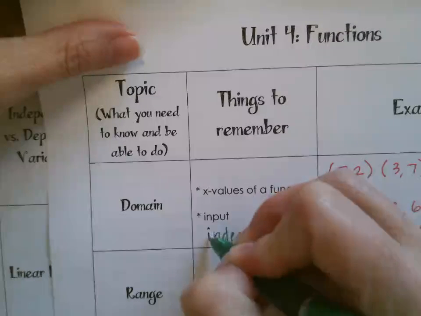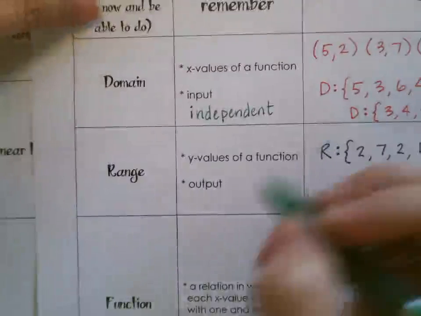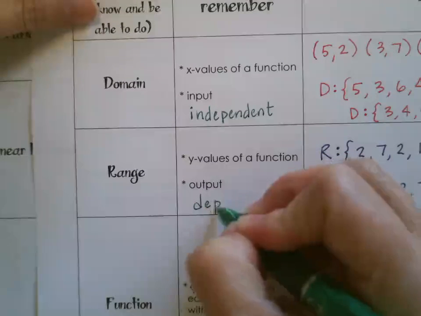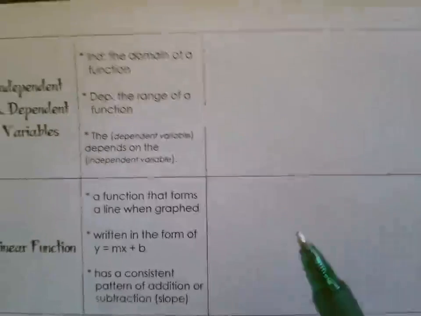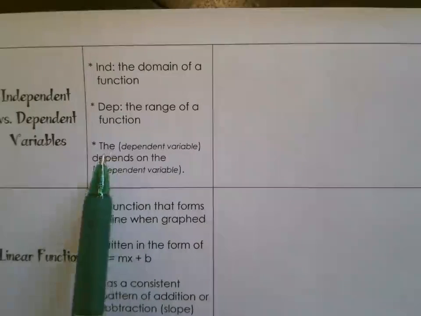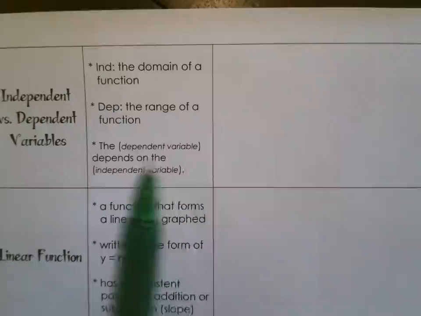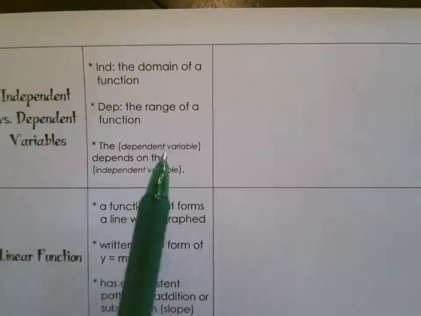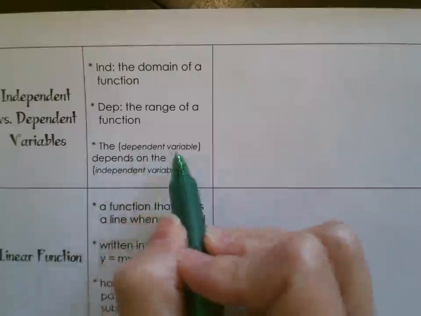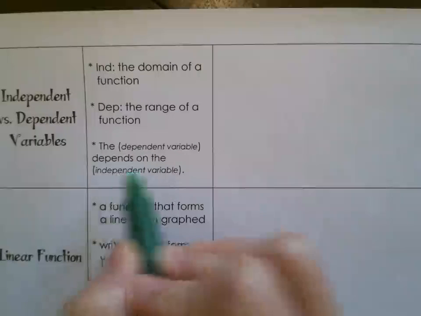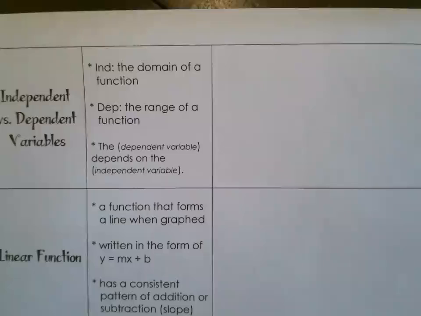It's the one that we fill in first. And what we get is the output, which is the dependent variable. The easiest way to think about it is to complete the sentence, the blank depends on blank. The dependent variable depends on the independent variable.